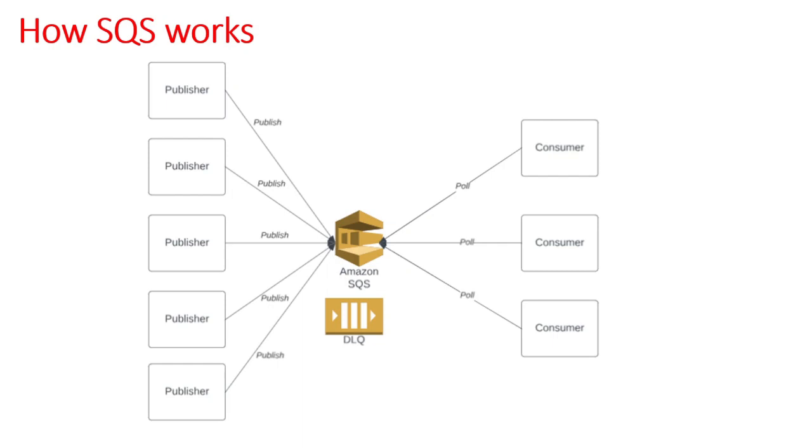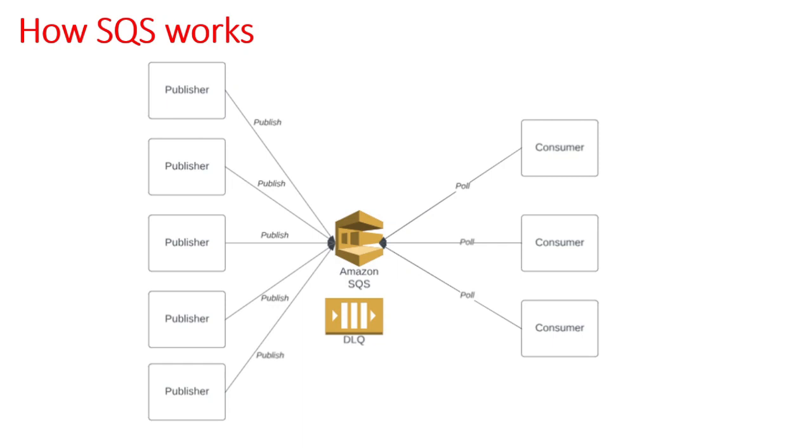Those messages don't get delivered in real time. Essentially what happens is they get put at the back of the queue. So whenever the consumer is ready to poll, they'll poll and pick the messages that are at the front of the queue. Imagine you have a large number of messages in the queue. The consumers won't really consume the messages in real time, but at least there is a guarantee that the messages are going to be received.